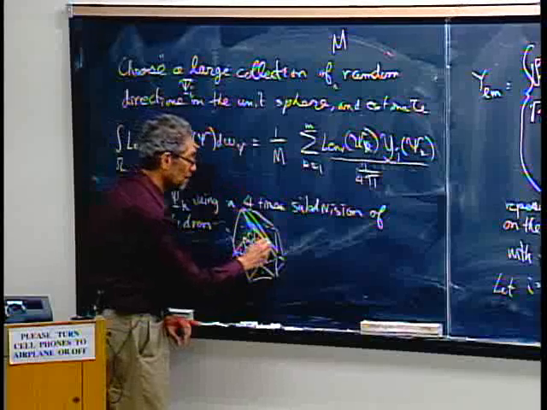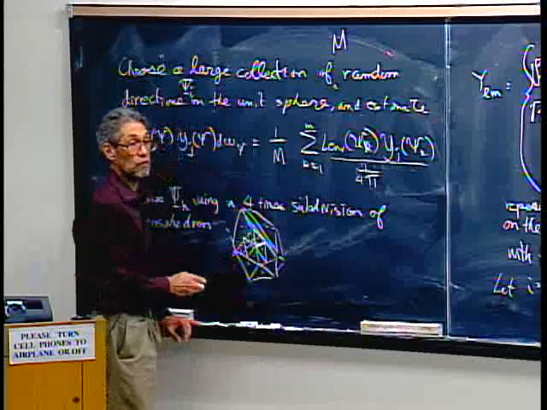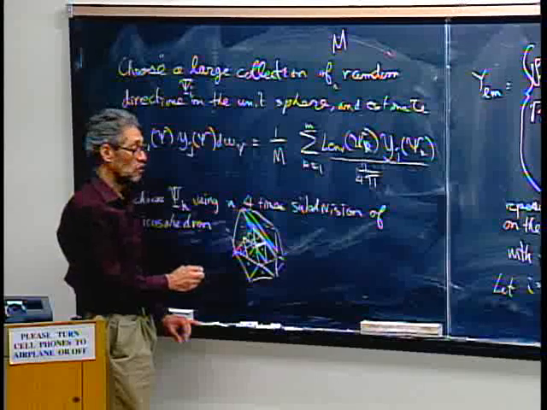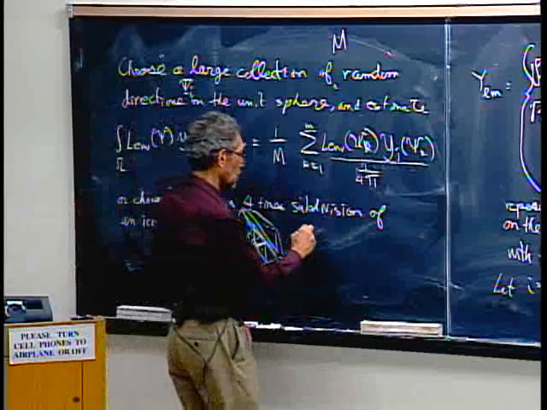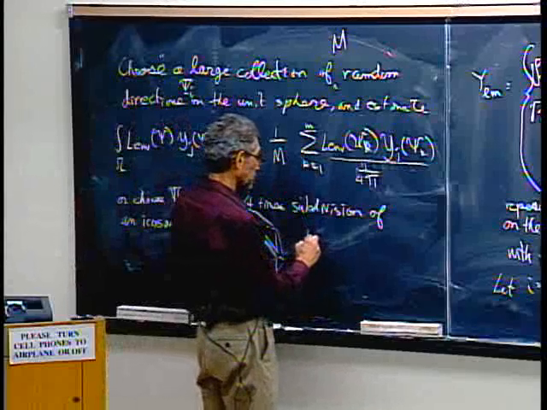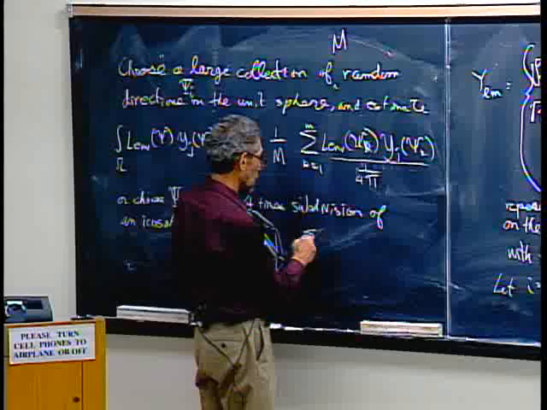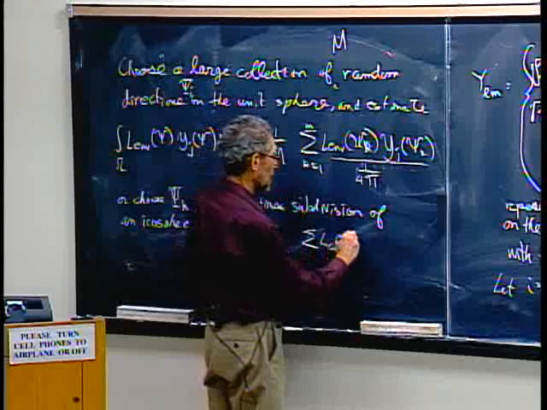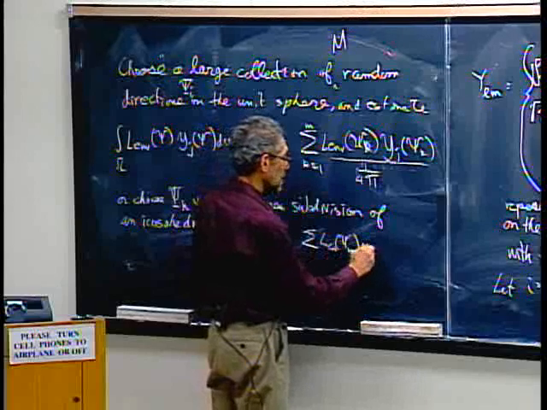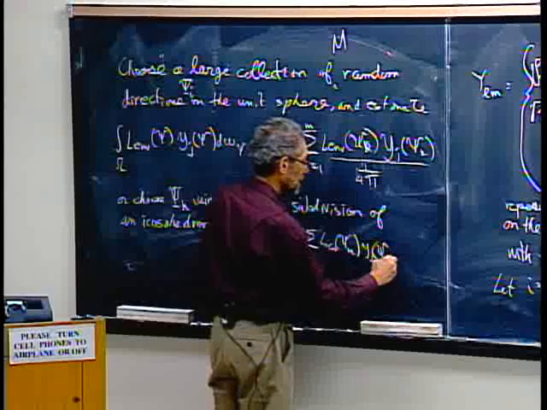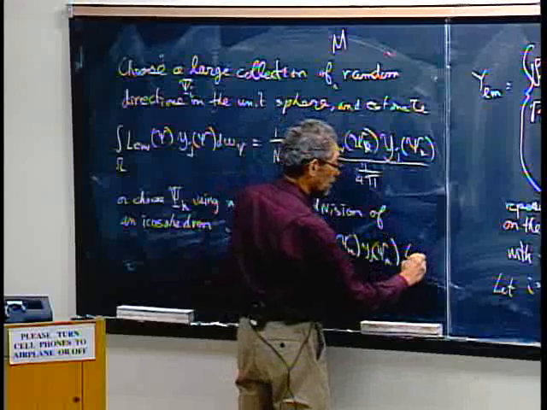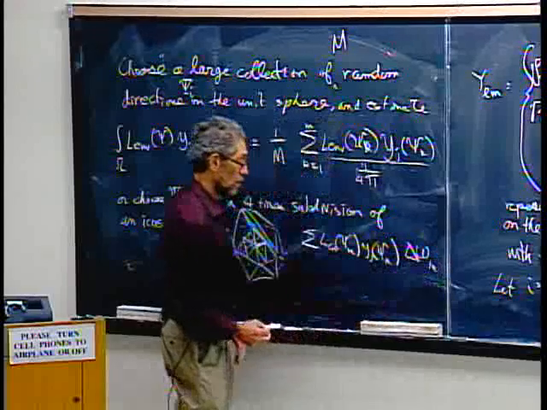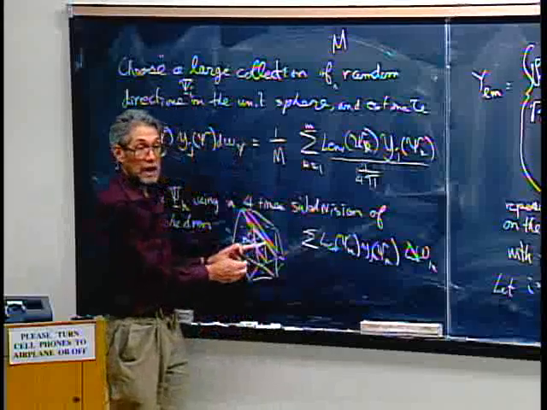That means this length is larger than those 2 lengths when thought of as an arc on a sphere. So what you really have to do is take the sum of L environment of psi k Yj of psi k times the solid angle, right, where you're computing the solid angle of the spherical triangle.